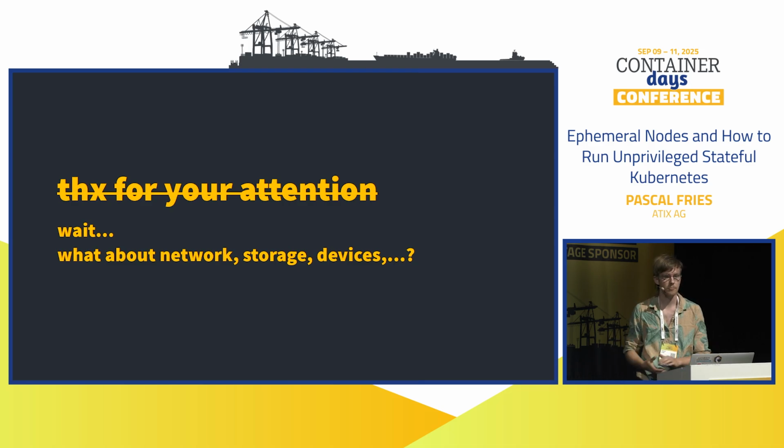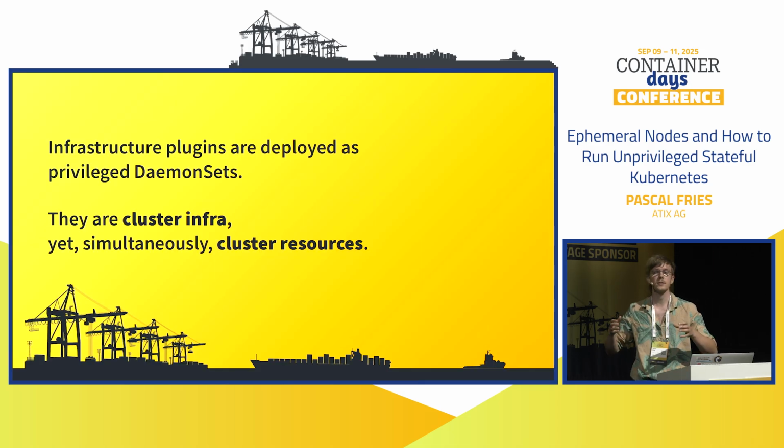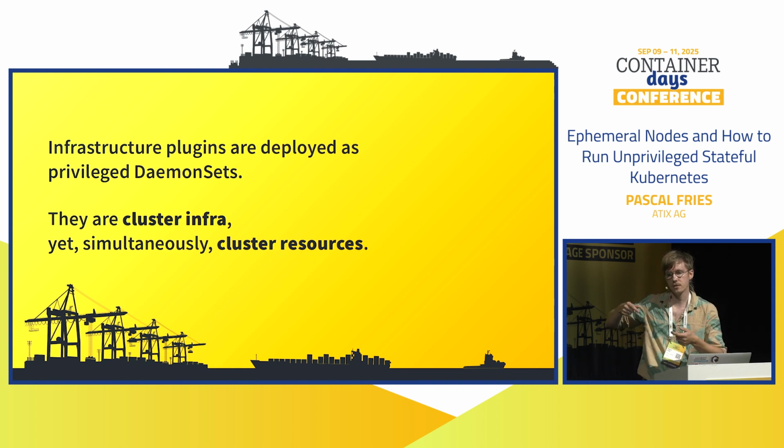If you take any cloud Kubernetes, you might not be able to break the API, but you can still break the storage providers, you can still break the network there. And why is that so? Well, because infrastructure plugins are usually deployed as privileged daemon sets, and that makes a lot of sense because, first of all, they are privileged, so they can provide infrastructure because they have privileged kernel access.